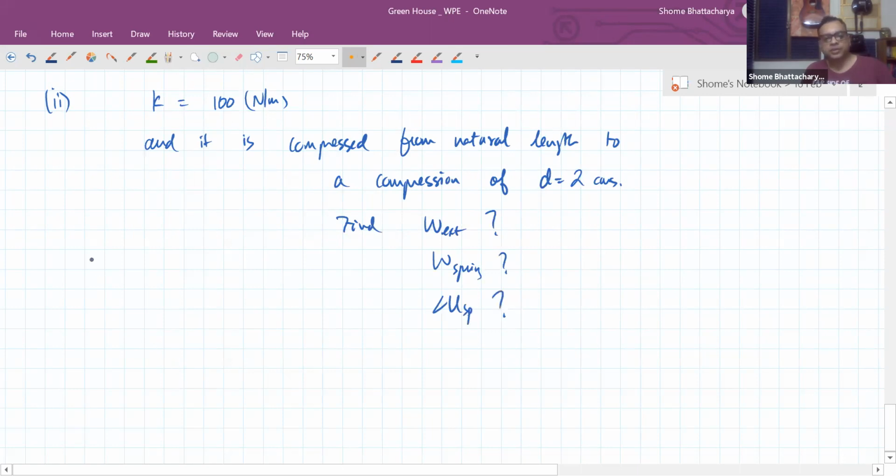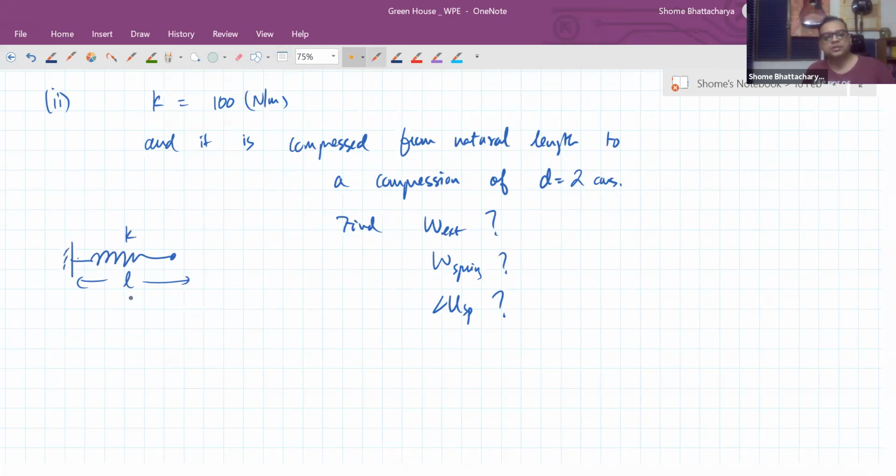Okay. So to begin with, our spring was having some kind of natural length L, like this. But in order to compress it now, we will have to push it inwards. So we are applying some external force like this, and all that external force is doing is balancing the spring force, which will this time be outwards.